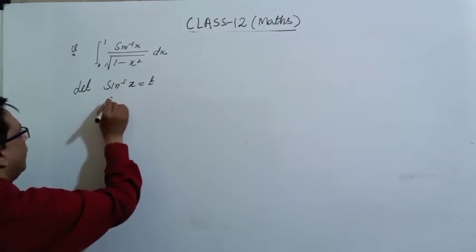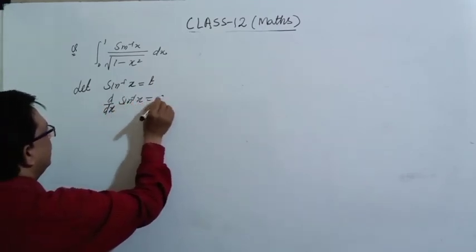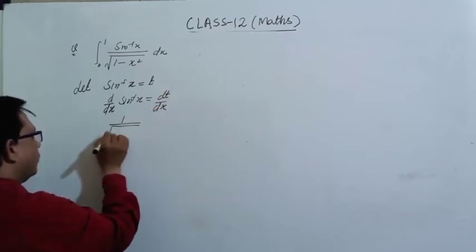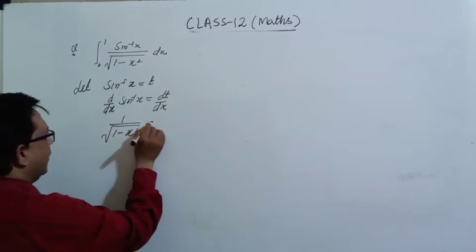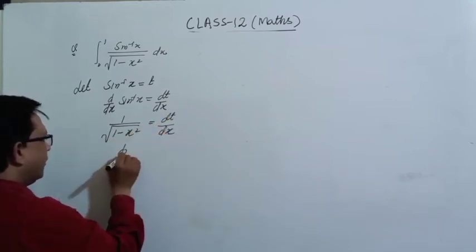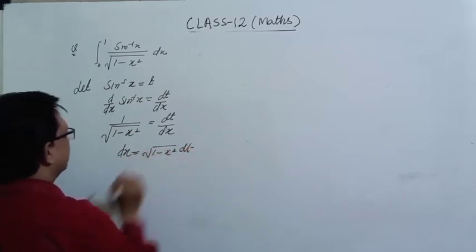Now the derivative of sin inverse x is equal to dt by dx. This is 1 upon root of (1 minus x square), equal to dt by dx. Now the value of dx is equal to root of (1 minus x square) dt.